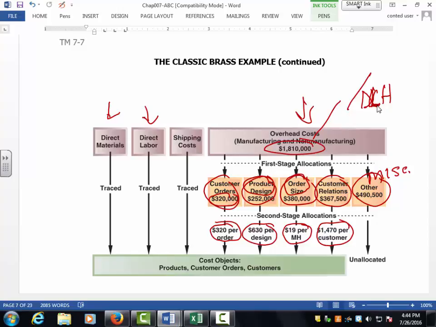So let me just make a little side example. Let's say that we were making 5 products and 2 of them used computer time and 3 of them did not, for whatever reason. Then under activity-based costing, they're saying the cost of the computer, so you're going to depreciate the computer, should be absorbed only by those 2 products, and these 3 products that do not use computer time shouldn't have to pay for it.